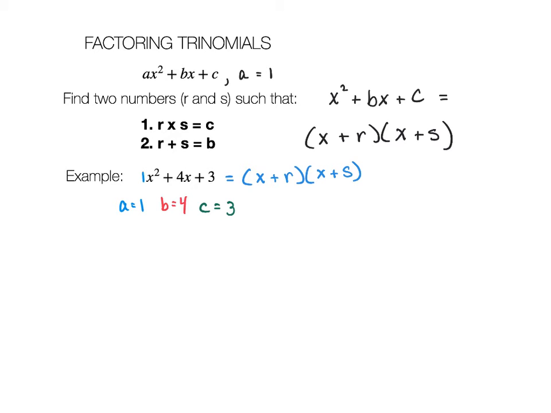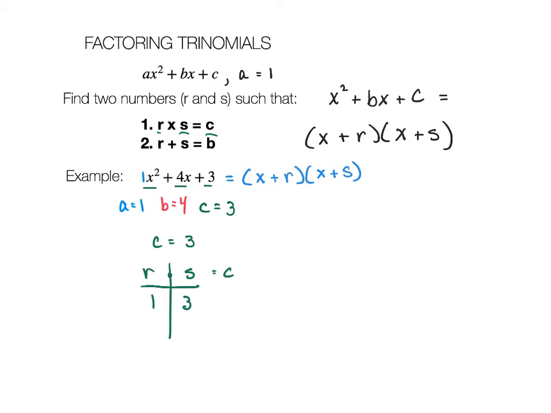And so to factor this trinomial, because it has 3 terms, what we want to do is just go c equals 3, and we make a list. r times s has to be equal to c, so r could be 1 times 3, because c is 3.